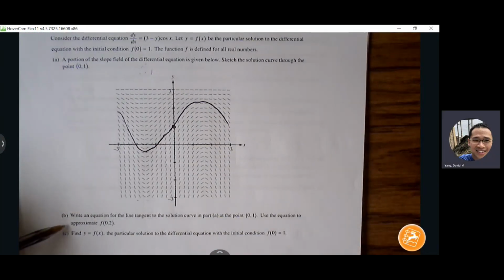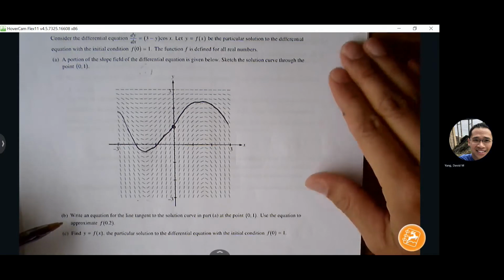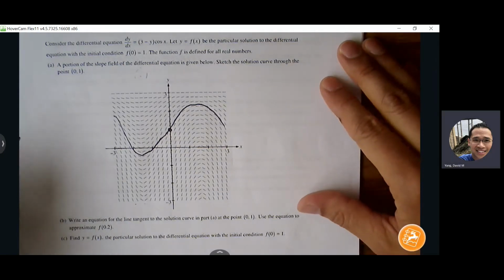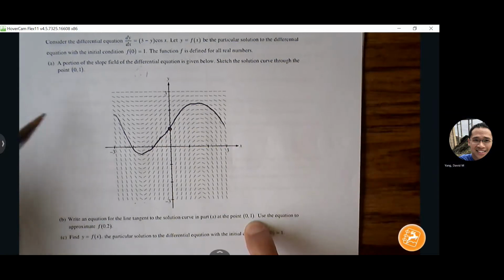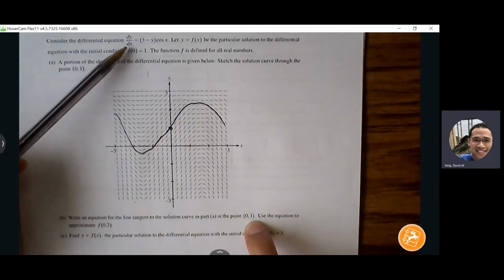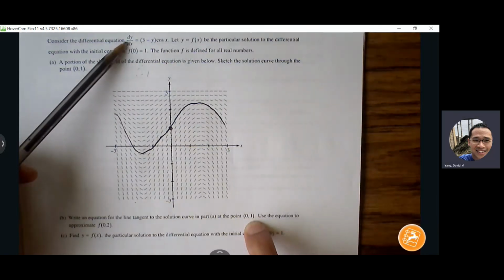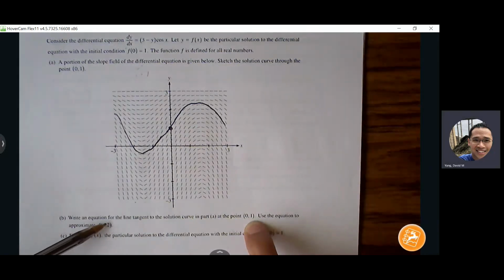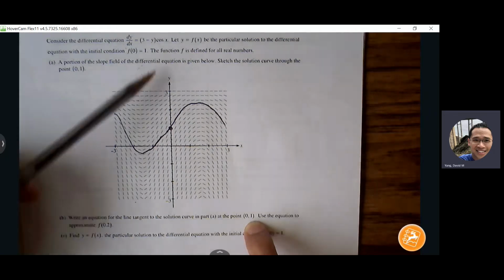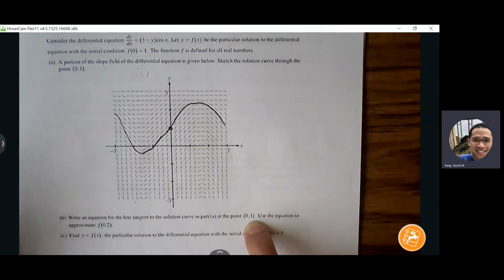Okay, part B, write the equation for the line tangent to the curve at point 0, 1. Use the equation to approximate f of 0.2. So let's find our ordered pair. 0, 1. Insert the ordered pair into the differential equation to get your slope, point slope, and then finally linear approximation, plug 0.2 in for your tangent line equation.